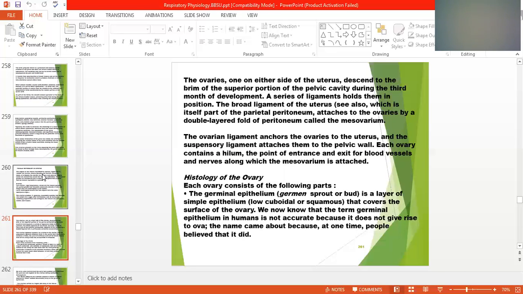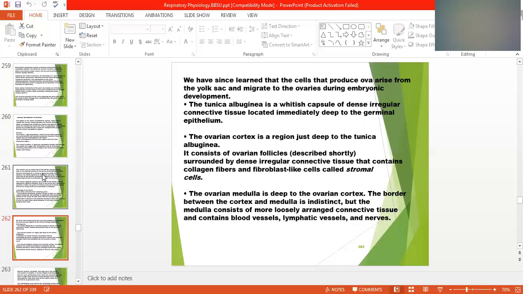The name came about because at one time people believed that it did. We have since learned that cells that produce ova arise from the yolk sac cells and migrate to the ovaries during embryonic development.